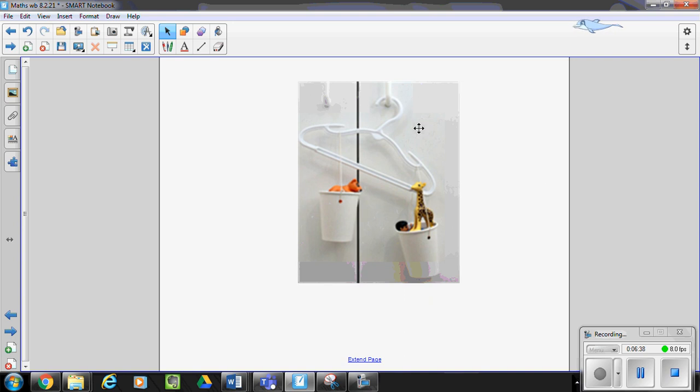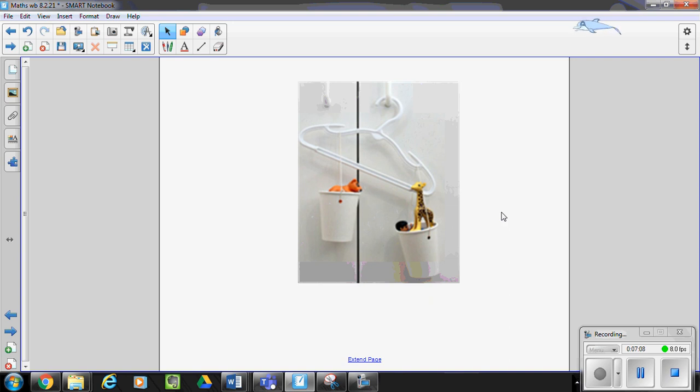So all you need is a coat hanger, some plastic cups or just some containers, but they do need to be the same weight, and then some string, and just like this one here, you just need to loop the string around so that you can attach the cups onto the coat hanger. Then you can start to find objects and put them inside the cups and talk about which objects are the heaviest, which are the lightest, and how you know.